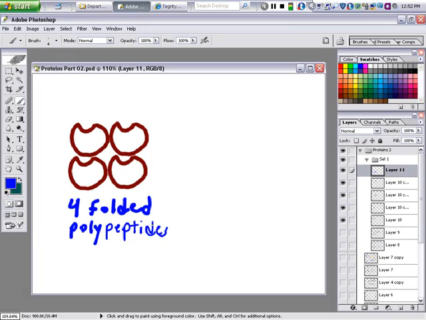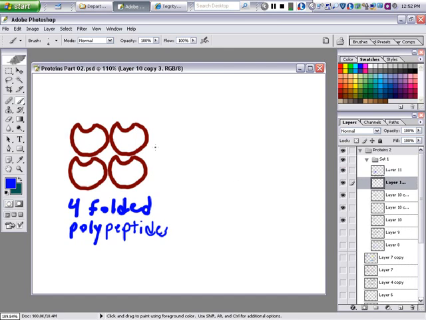And this type of structure, where you have 4 folded polypeptides, it doesn't have to be 4. Actually, let me change something because I don't want to confuse you. If you all would be so kind, I'm going to remove one. Well, did anybody write with ink? Okay, let's do this then.